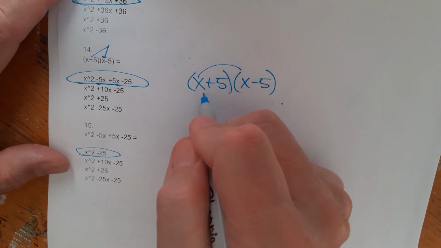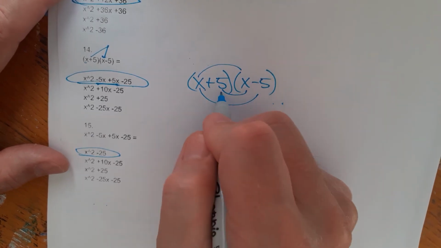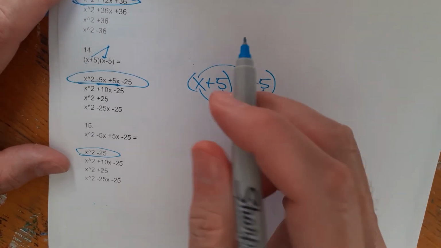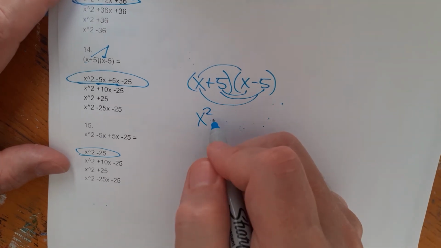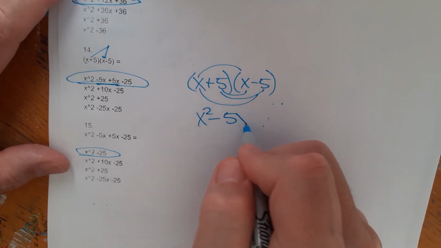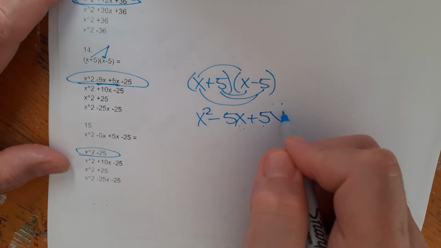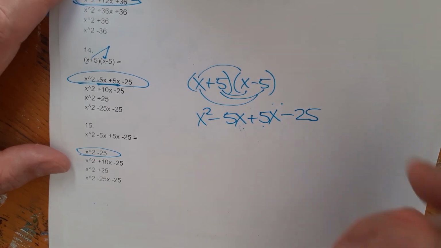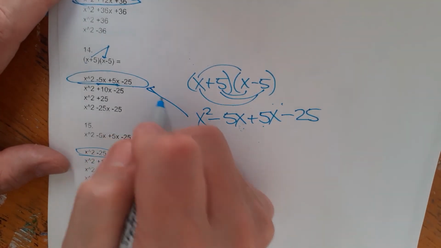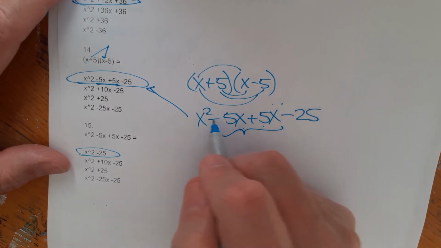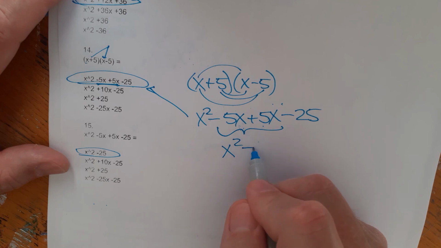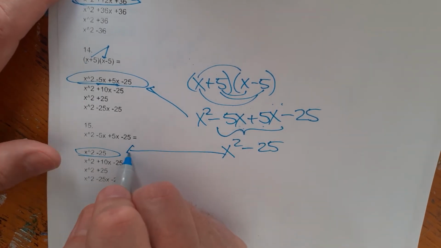Okay, first, outside, inside, last, FOIL. X times x is x squared. Outside is minus 5x, inside is plus 5x, and minus 25. And that's this one here. And we see that these now disappear. They cancel because a plus 5x minus a 5x is 0, but you're still left with the x squared minus 25, and that's this here.